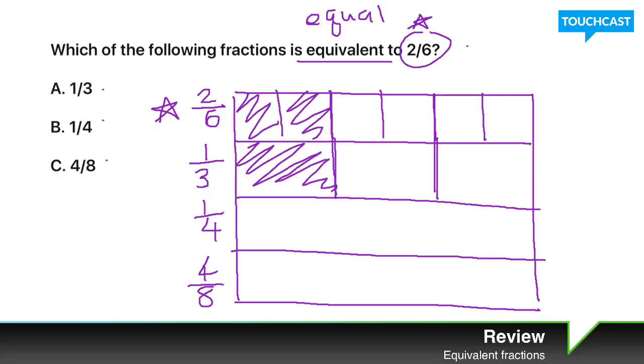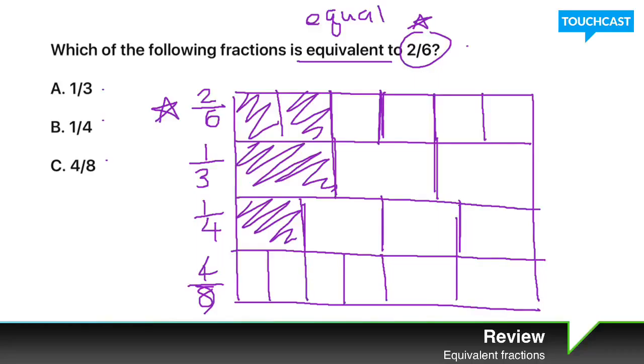For fourths, make sure you're copying this halfway mark down here, and you're splitting each piece in half. And you shaded in 1 of the 4 of those pieces. And for eighths, 4 over 8, I'm going to copy the fourths, and I'm going to split each fourth in half again to make eighths.